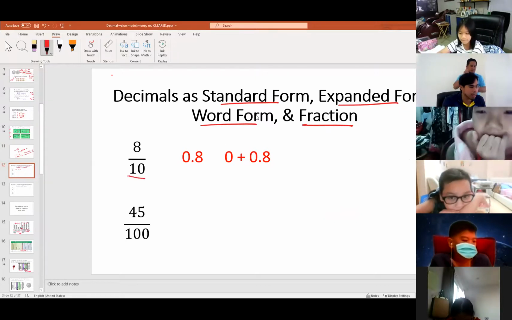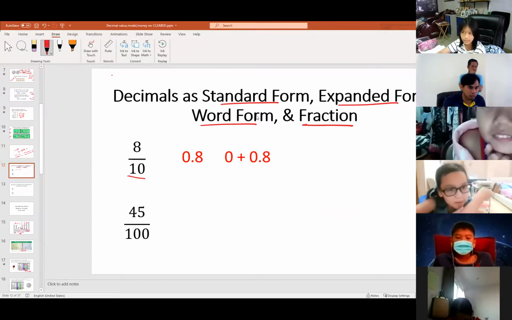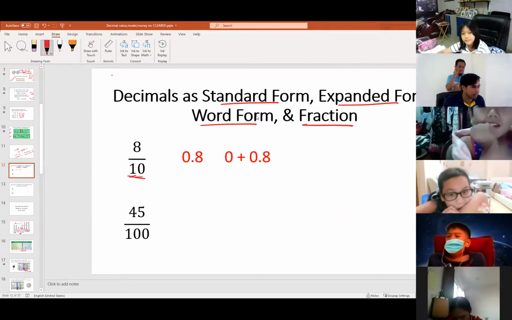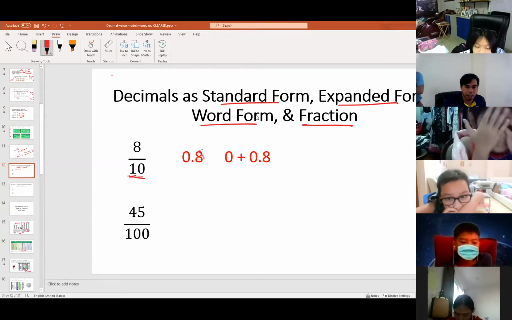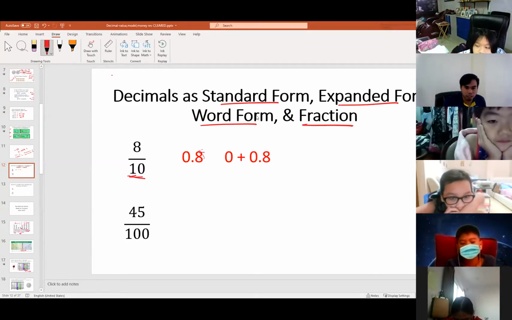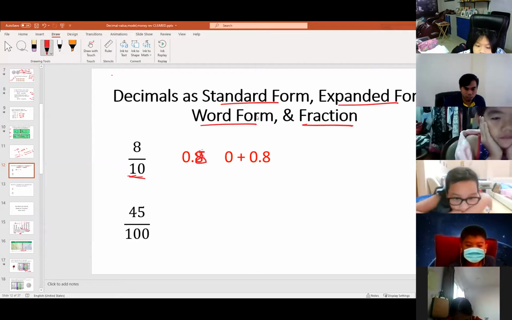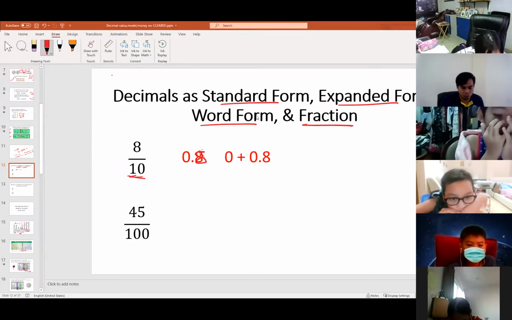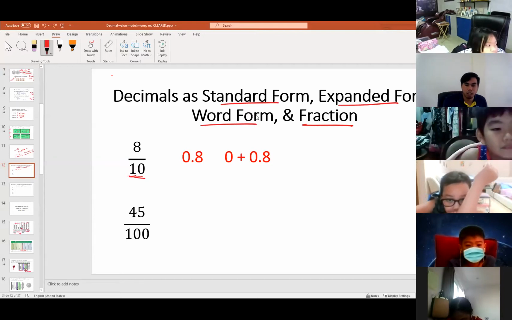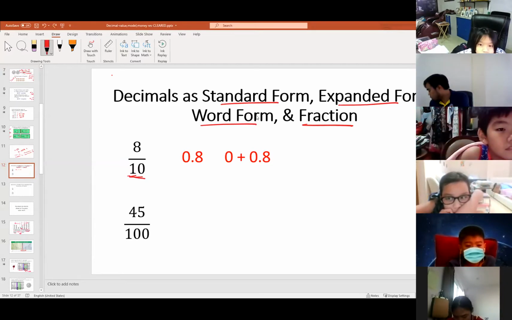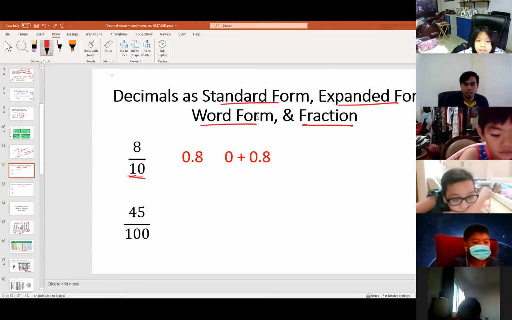When you see the denominator is 10, how many places? Only one place, right? So 0.8. This is how you make it into standard form.